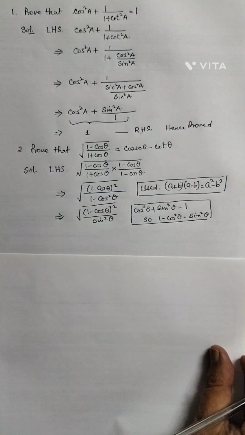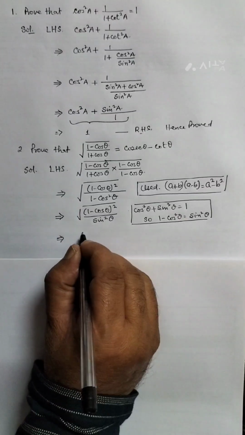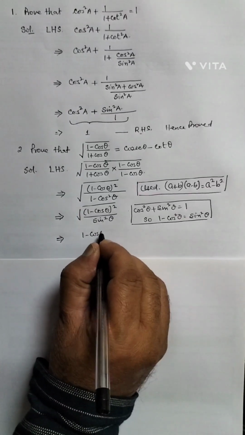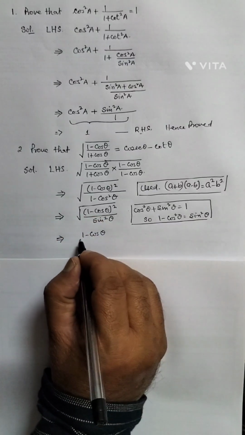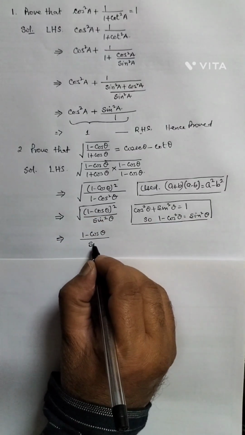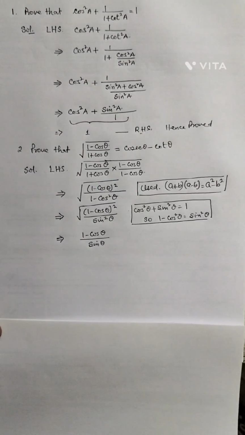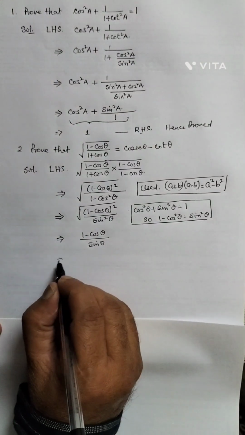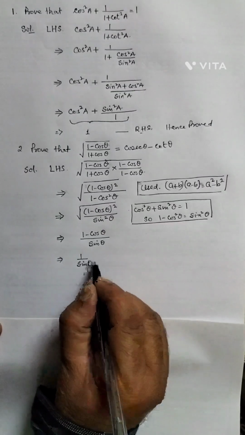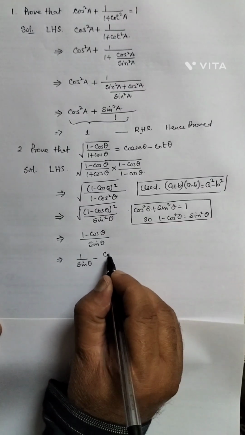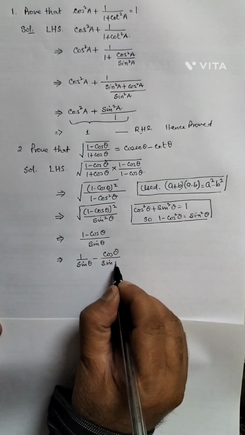Now since these are perfect square, I can write it as 1 minus cos theta, and this square root sign comes out of it, and this is sin theta. The next step, we can write it as 1 by sin theta minus cos theta upon sin theta.